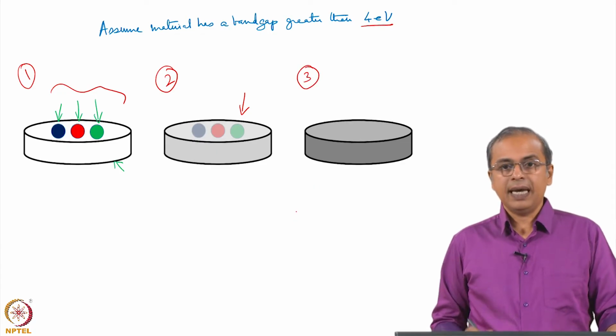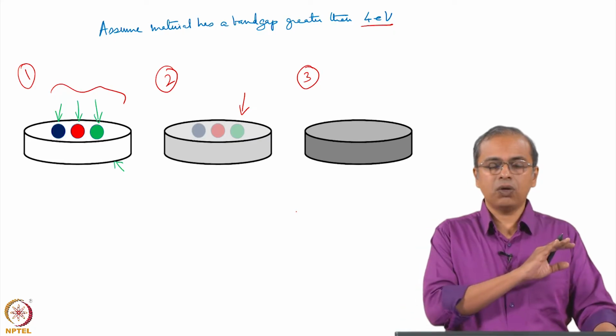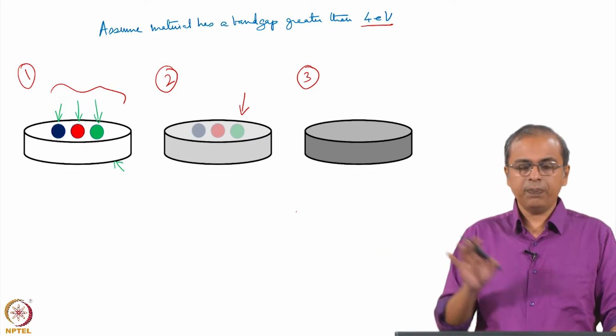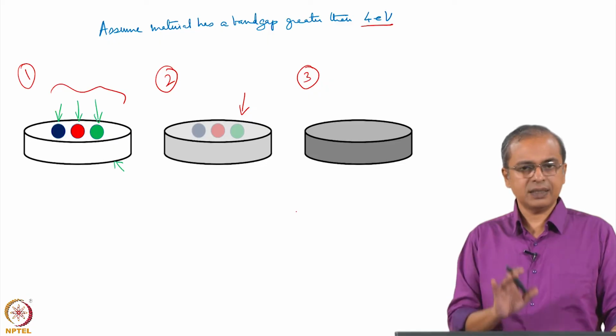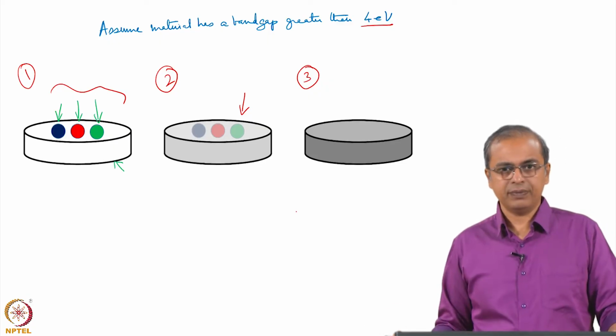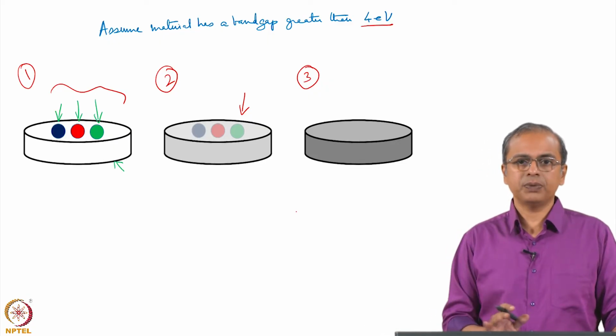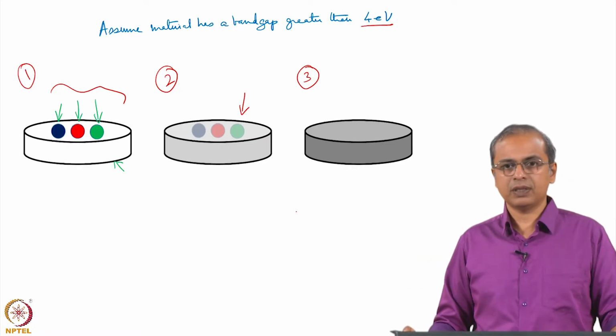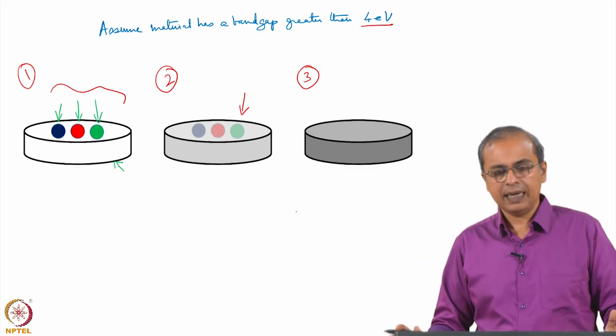When I say do something more, I am not changing the composition in any way. Chemical composition, crystal structure, all of that are exactly the same, and you can get this.